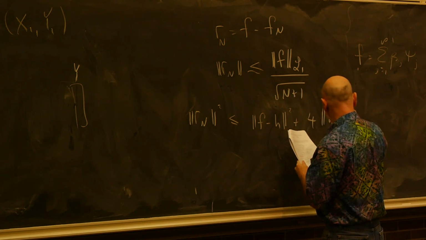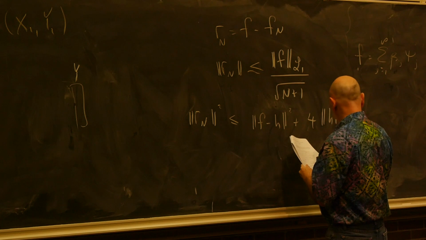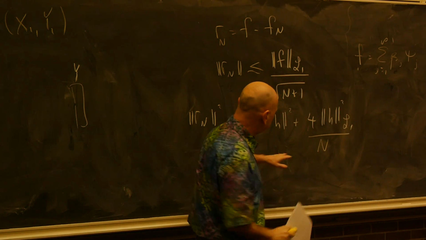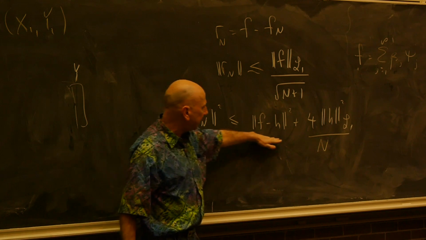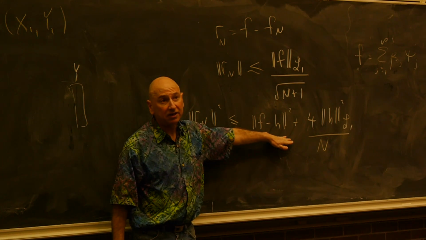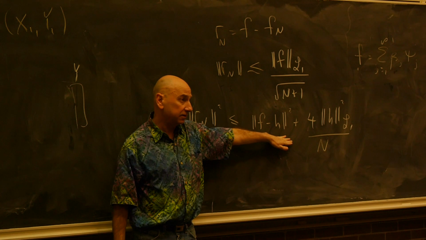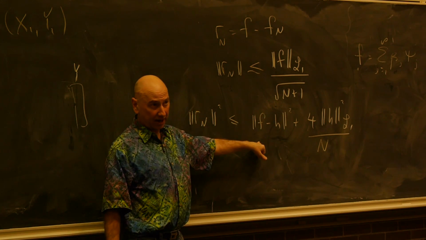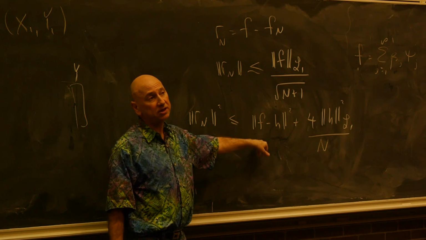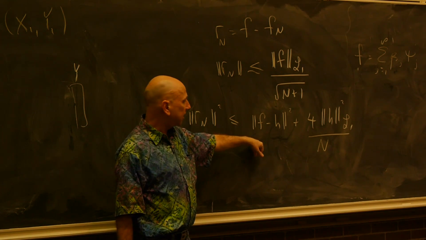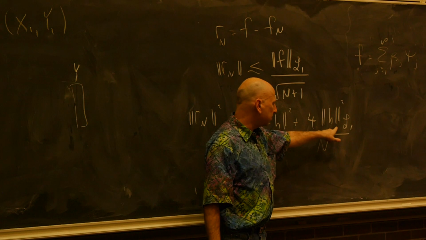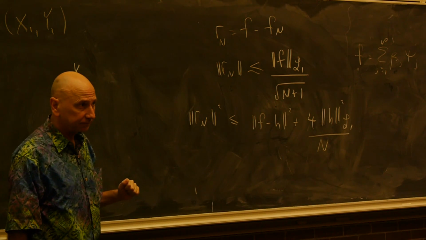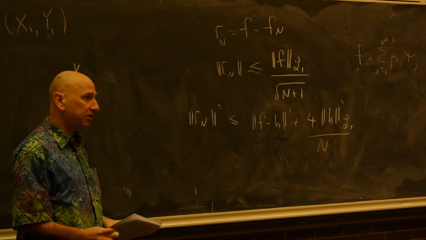And you get basically the same result. And this is on the squared scale, so that's why there's an n here. There's going to be an error due to the fact that the closest guy in the linear span of the dictionary is not equal to f. So that's like the bias you get because the function isn't actually in the class. And then you get a similar result. And again, it depends on the sparsity of the best approximating function. You can think of that as a measure of the sparsity.